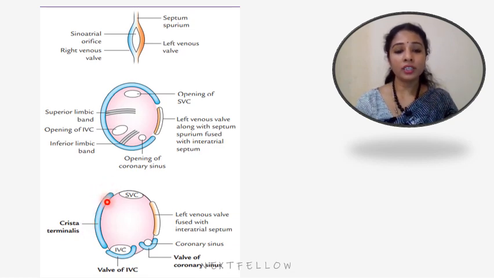I'm sorry, actually it is the valve of the inferior vena cava, the coronary sinus, and it forms the crista terminalis. Only these three parts it forms, not with the coronary sinus. So this is the fate of the right and left venous valves.